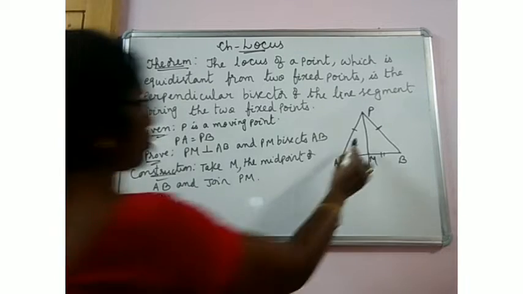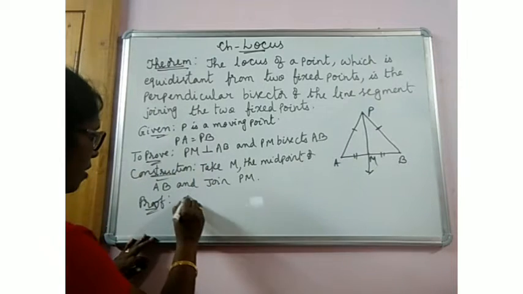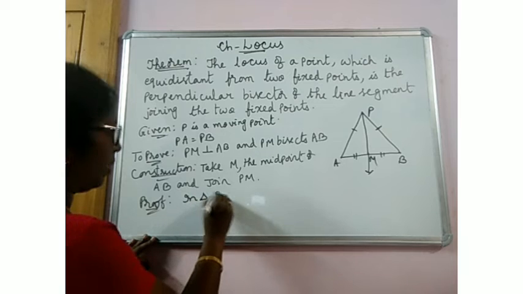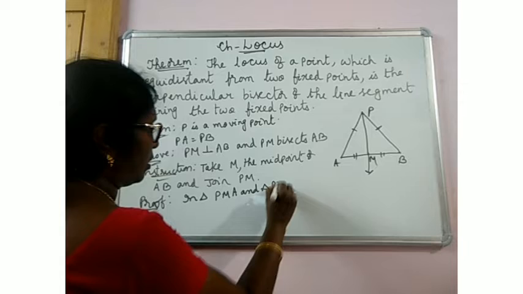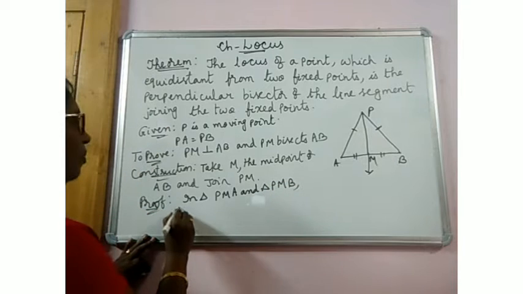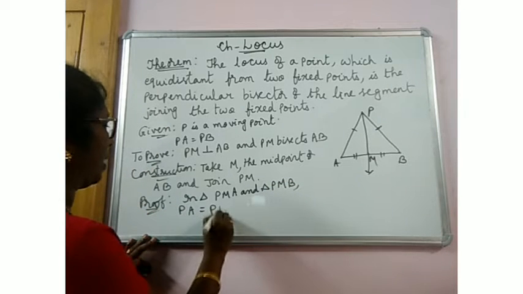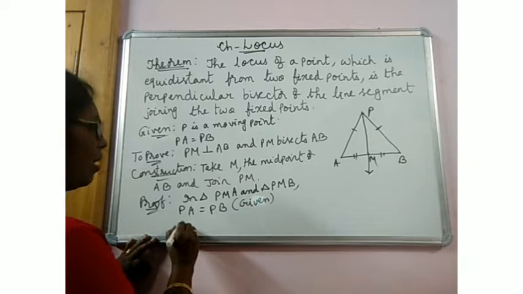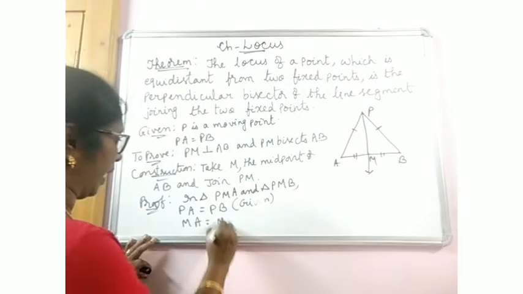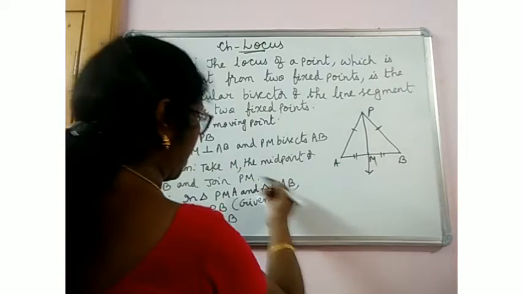For that, let us make these two triangles congruent. In triangle PMA and triangle PMB, PA is equal to PB, given. MA is equal to MB, we have taken, because M is the midpoint.